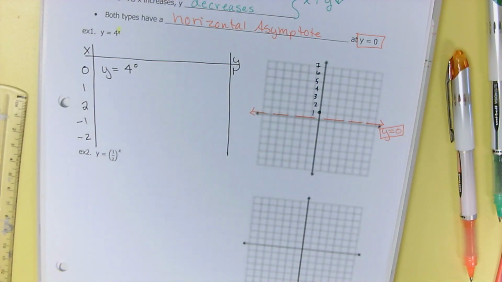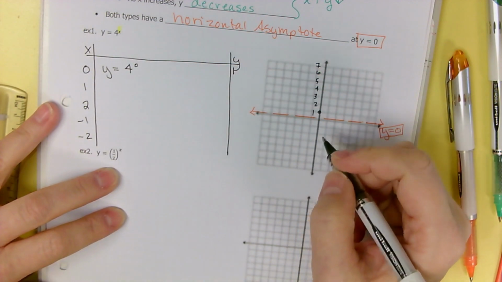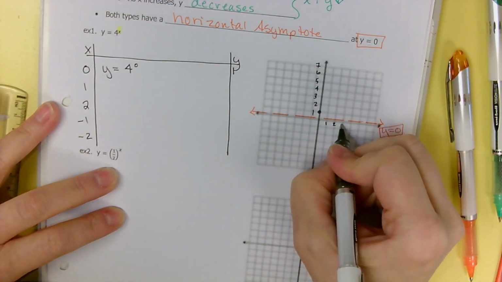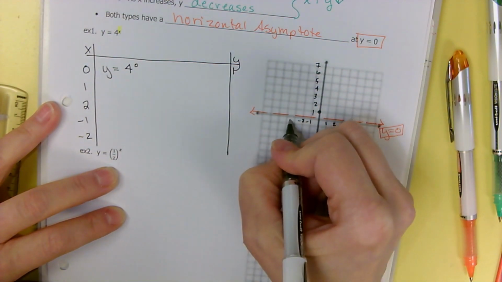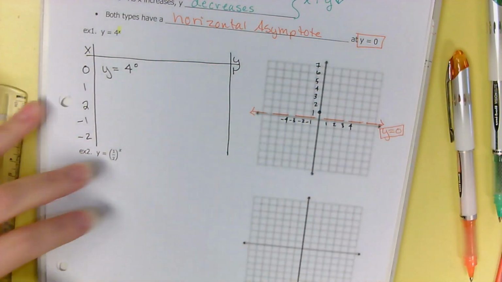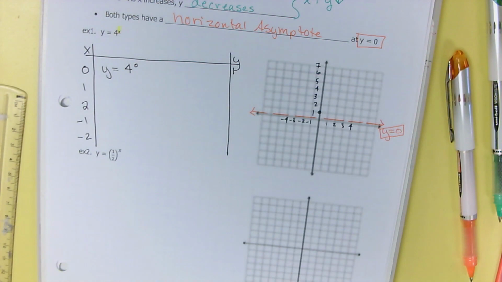This is growth, so it's going to go up, not down, so you don't have to worry about going down with the numbers. And then number to the right, 1, 2, 3, 4. Number to the left, -1, -2, -3, -4. Very rarely does it get up anywhere past 4s or 5s. Otherwise, the numbers get ginormous.